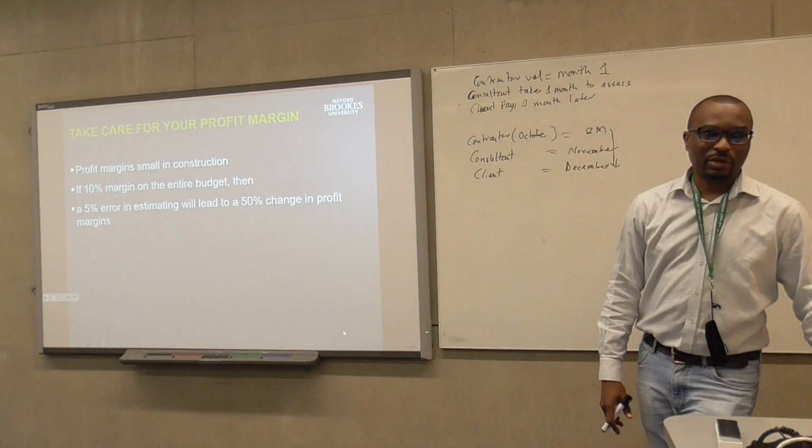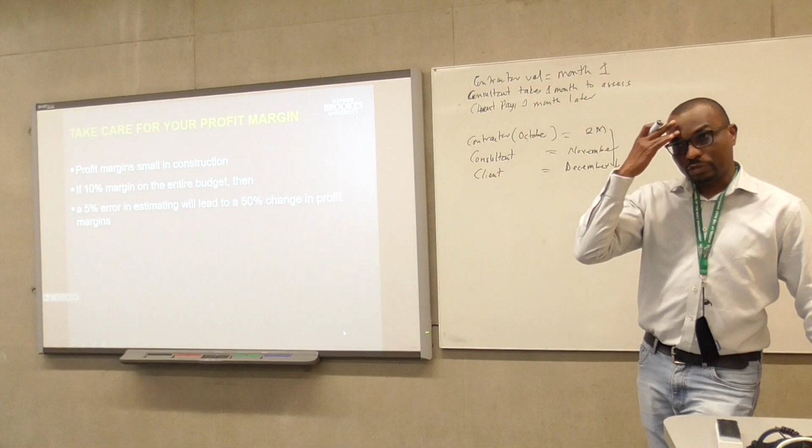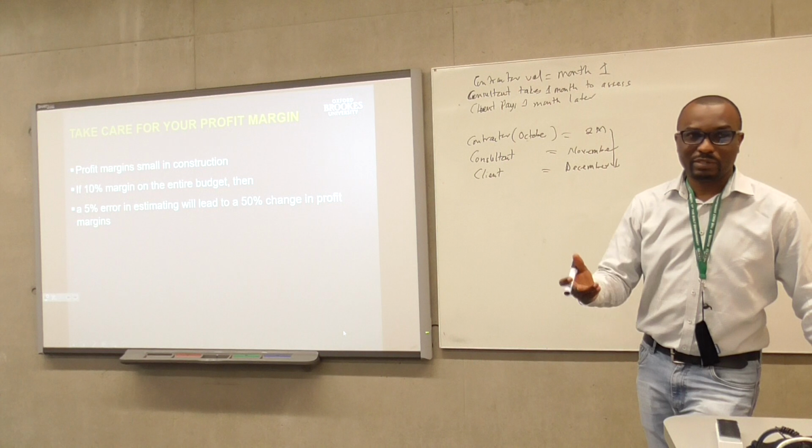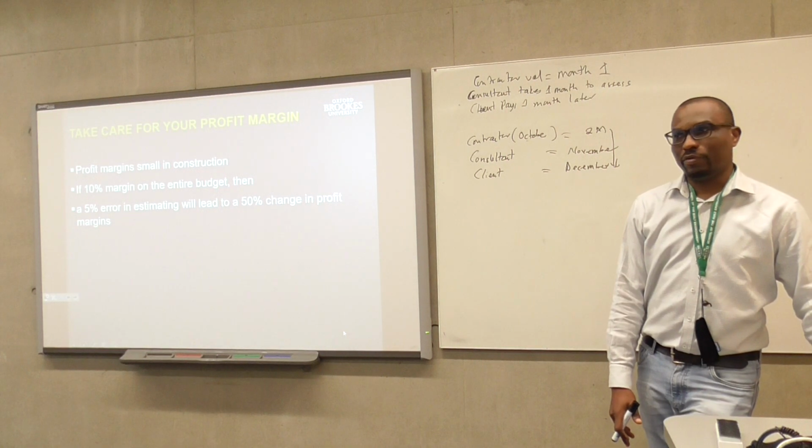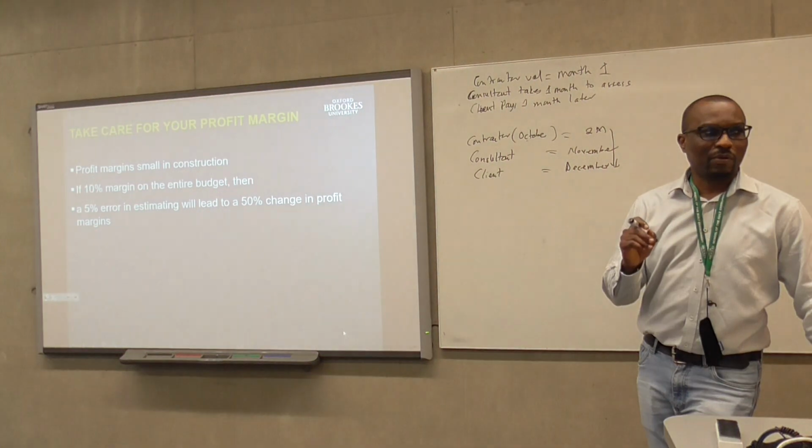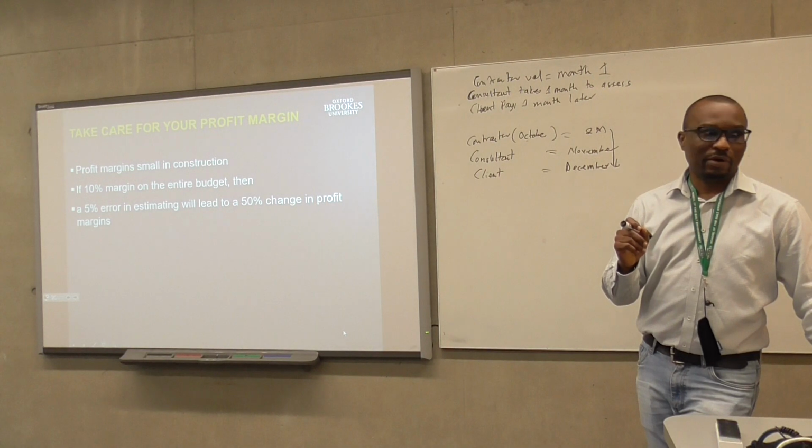Something you need to be conscious of, especially for those of you who will be practicing as quantity surveyors for contractors, is that the profit margins are very, very small.